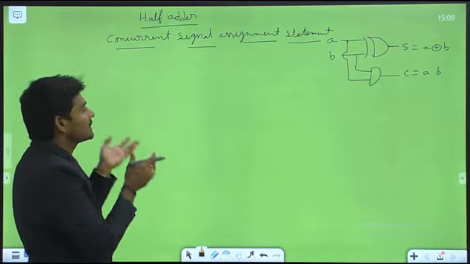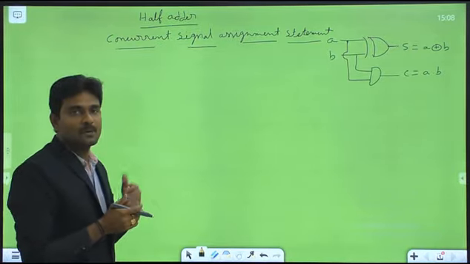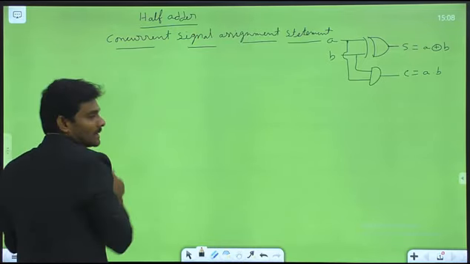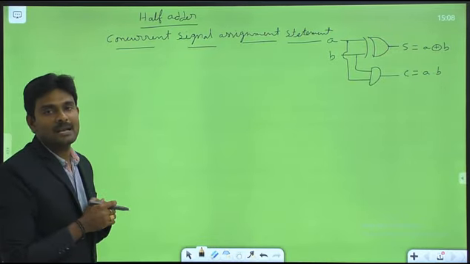If you use the concurrent signal assignment statement, then obviously we know that the program structure belongs to data flow. First we must add the library as well as the package.